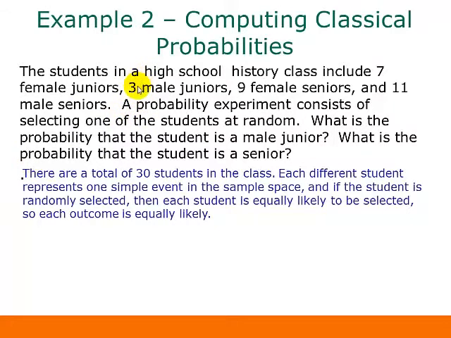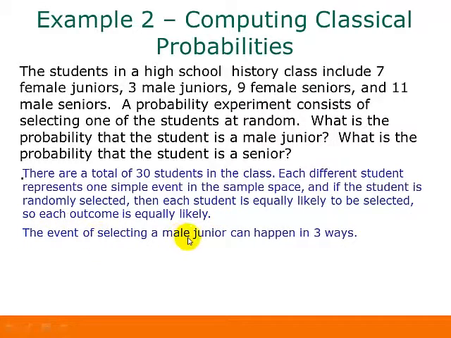And I got the 30 just by adding up all the different categories of students and how many there were. So 7 plus 3 plus 9 plus 11. Each different student represents one simple event in our sample space. If our student is randomly selected, then each student is equally likely to be selected, so each outcome is equally likely.